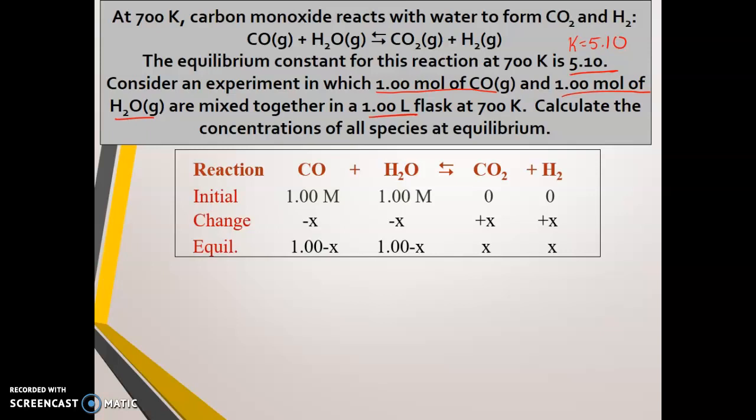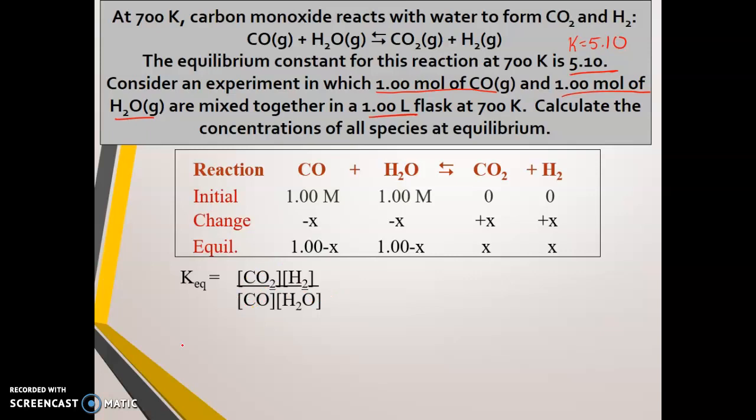I haven't written out what the K expression, or the equilibrium expression, is, but that is going to be the concentration of our products multiplied by each other divided by the concentration of our reactants.